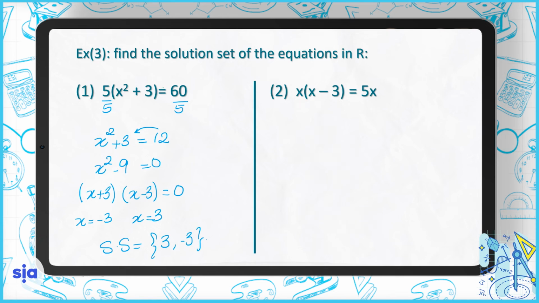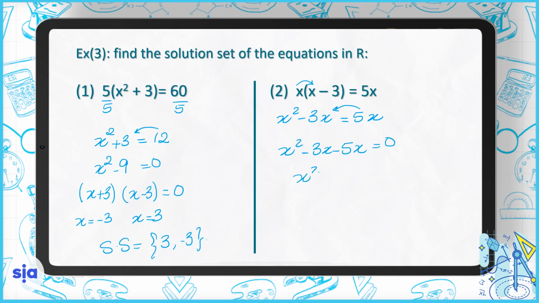If you expand here, x² minus 3x is equal to 5x. So if you put this all here, x² minus 3x minus 5x is equal to 0.